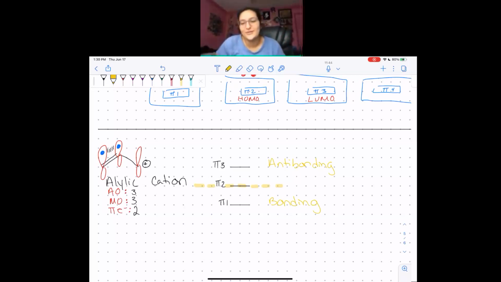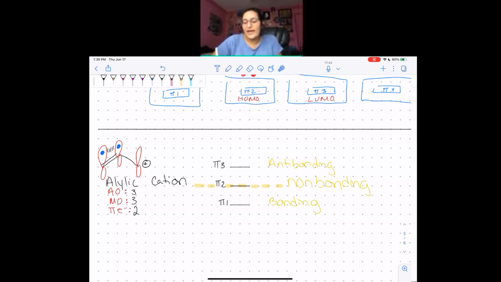Someone said, do we just abort the second pi? Kind of. Not really. We're going to call it a non-bonding. So non-bonding orbitals are going to come about whenever we have an odd number of orbitals.